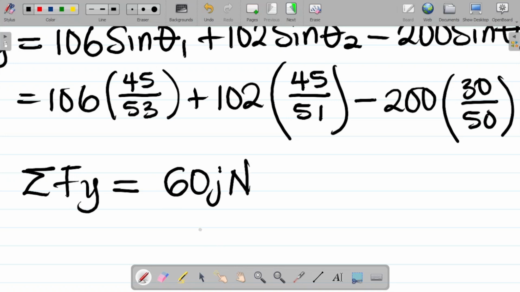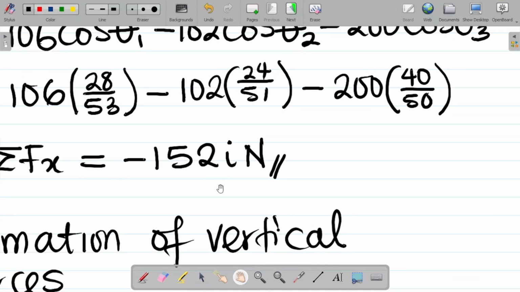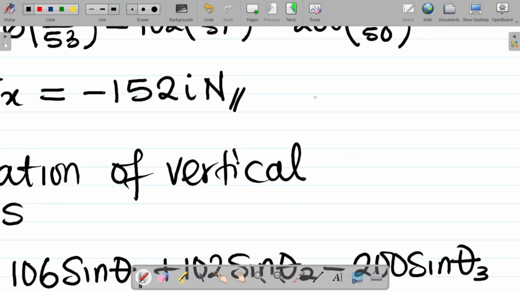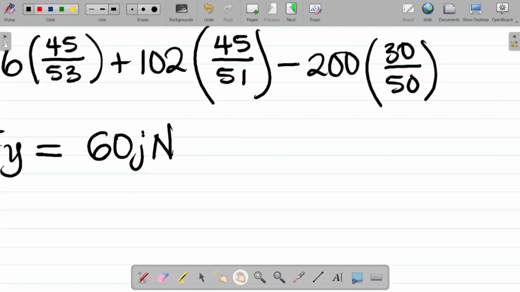All right, so you have this. Now, by the way, let me stress that this can still be written as minus 152 Newton i. It's still the same thing, still okay that way. So this is also equal to 60 Newton j. That still works. All right, so I've got my answer here.